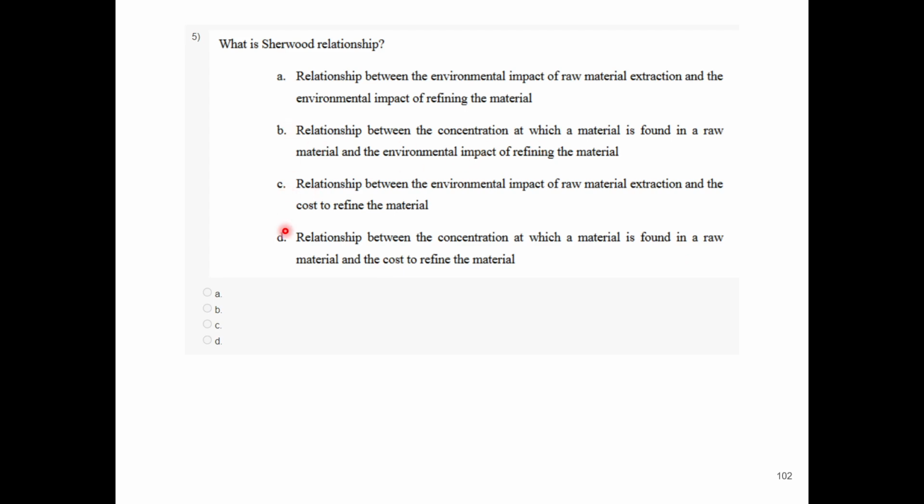It will be between B and D, and the cost to refine the material, not the environmental impact of refining the material. It is the cost to refine the material. So D, the relationship between the concentration at which a material is found in a raw material and the cost to refine the material, is the correct option. As you can see, D is the correct option.